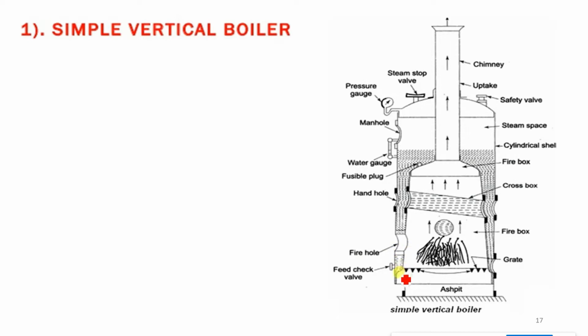Simple vertical boiler consists of an outer cylindrical shell with a hemispherical crown. Crown means the top part of the boiler. The cylindrical outer shell with a hemispherical crown surrounds the cylindrical firebox, which is tapered in shape and narrowed down at the top.